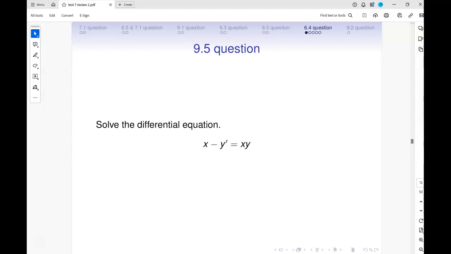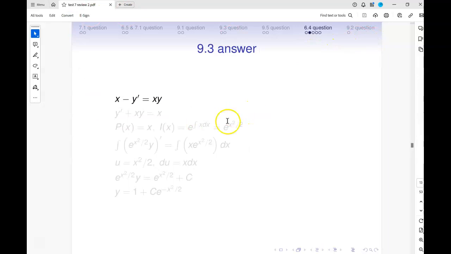Isabel, you good? Yeah. No problem. Hopefully you all recognized that this was a linear differential equation, right? Now you had to do a little bit of rearranging. So I started by putting it in that linear differential form: y prime plus p of x y equals q of x. So the p of x is just x.